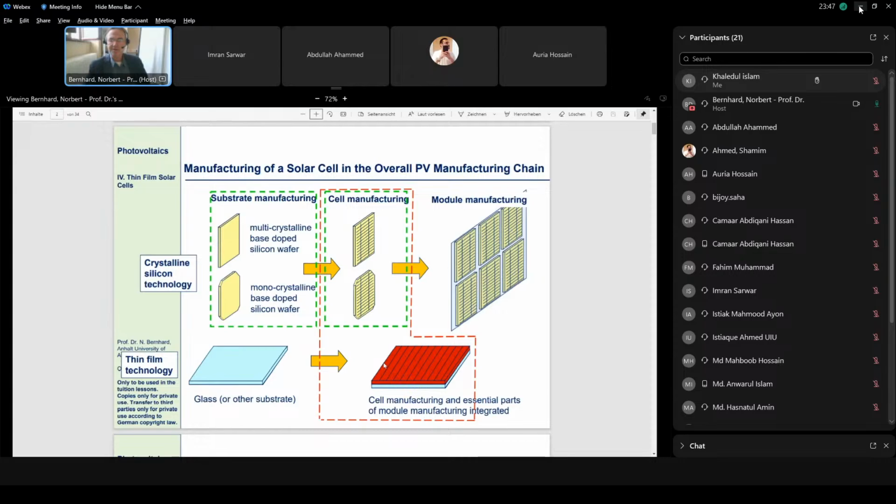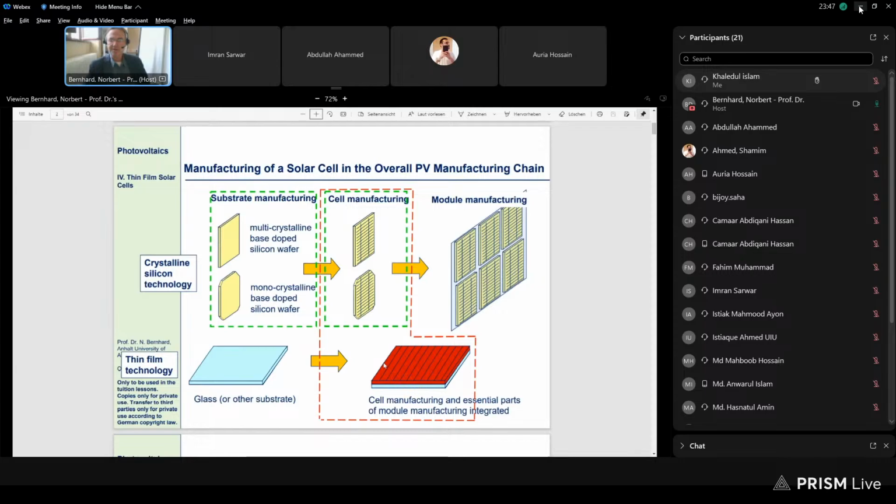Okay, here I will show you the typical process sequence for manufacturing of a thin film solar cell. In this case, amorphous silicon, but the other technologies are analogous. The only thing which is exchanged is the deposition of the semiconductor material itself.